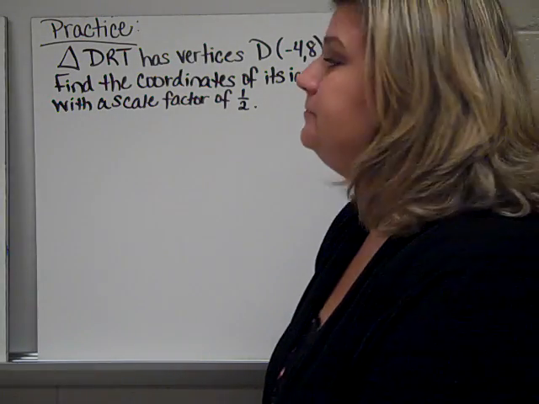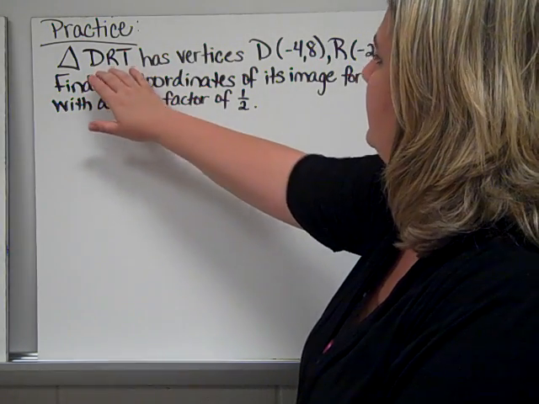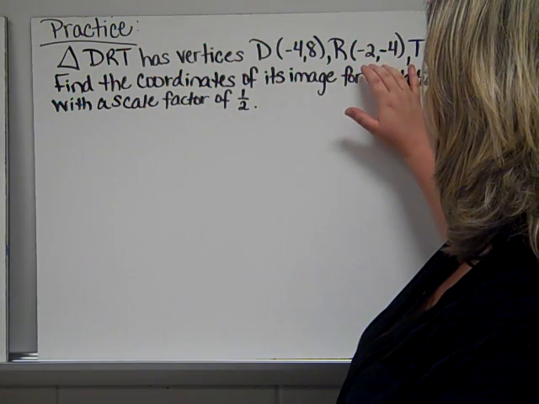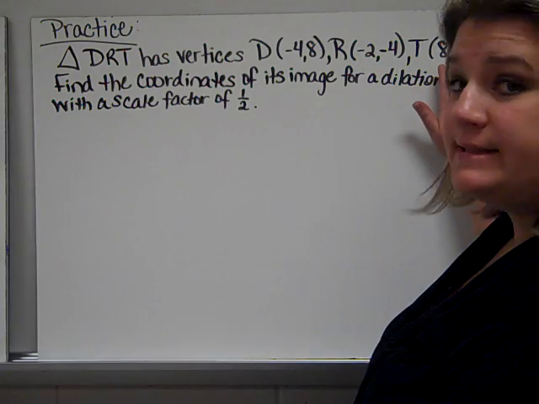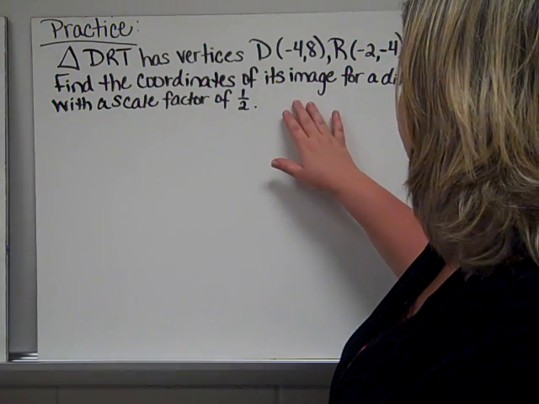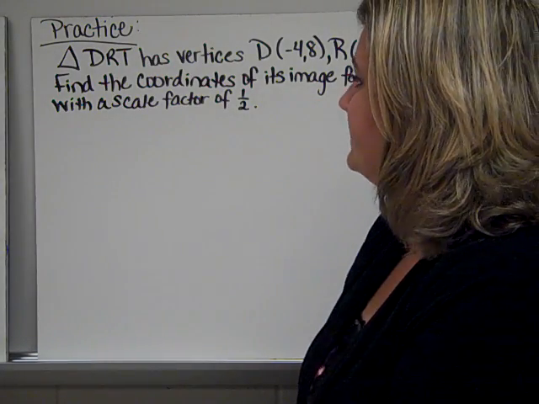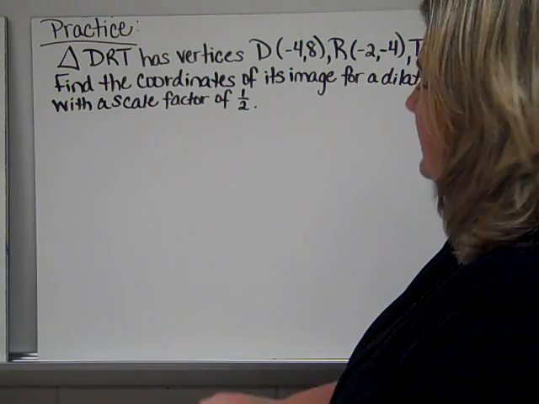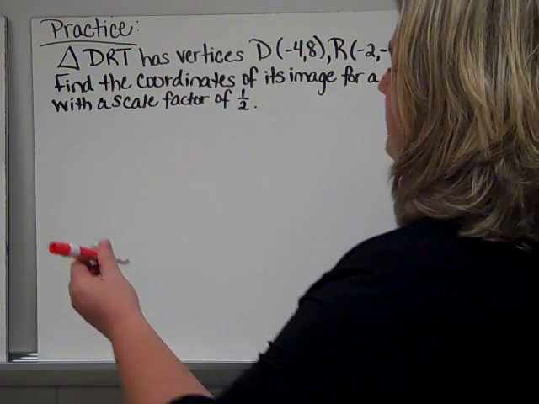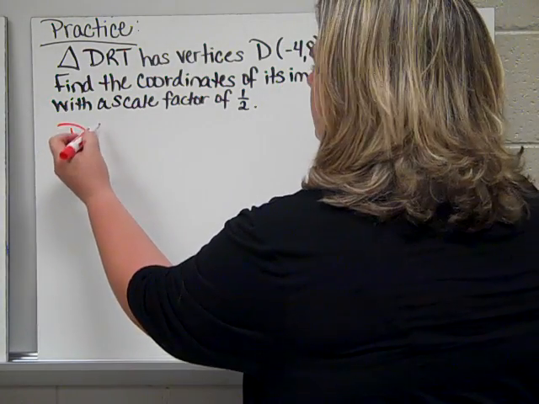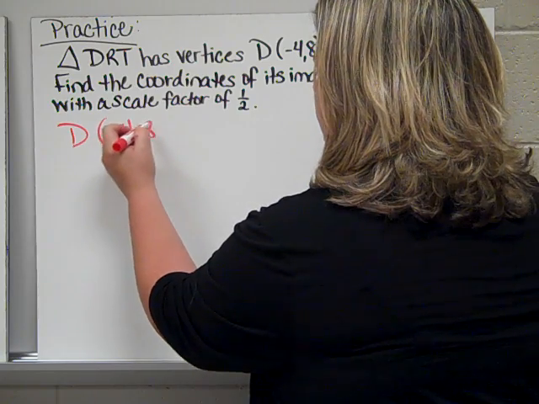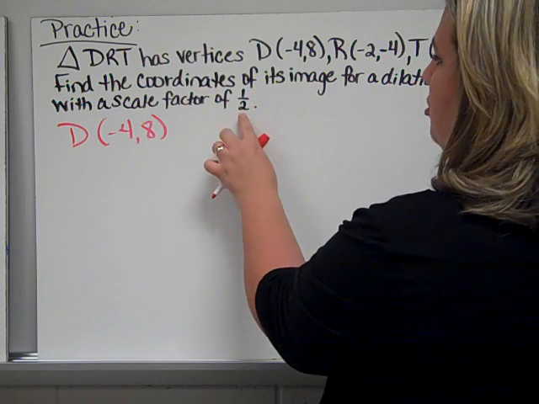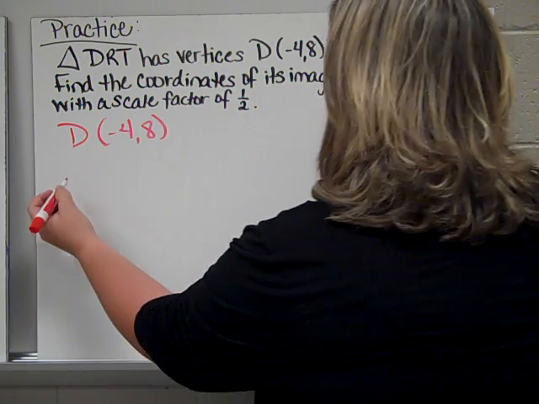So let's practice. Triangle DRT has vertices -4, 8, -2, -4, and 8, 6. Find the coordinates of its image for a dilation with a scale factor of 1/2. So again, remember, we take each point, and we're going to multiply it by 1/2.